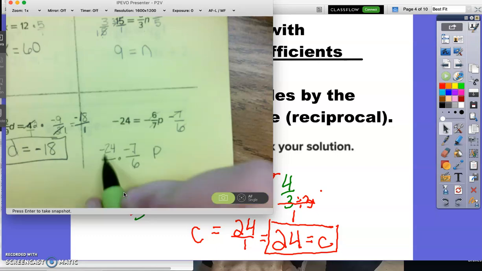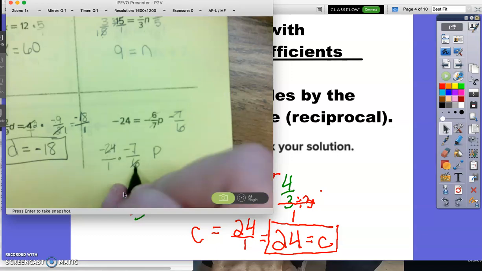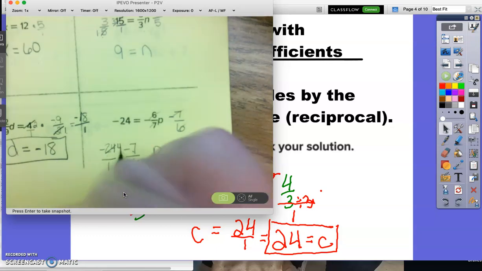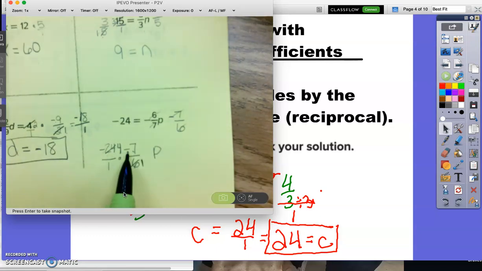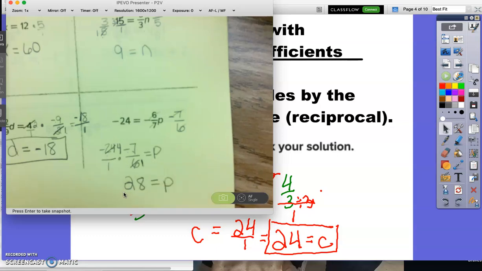But 24 and 6 can both be divided by 6. So 6 divided by 6 is 1. 24 divided by 6 is 4. Negative 4 times a negative 7 is a positive 28. And that equals P. Remember that whatever you do to one side, you have to do to the other.